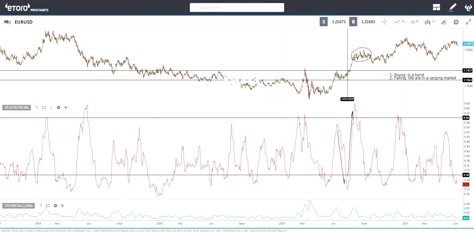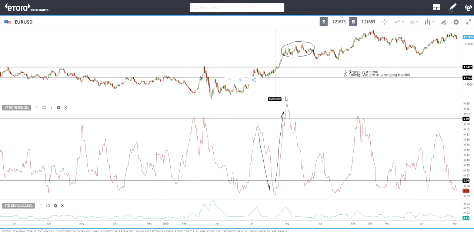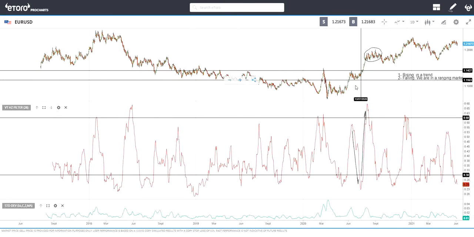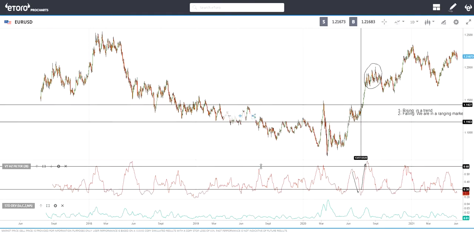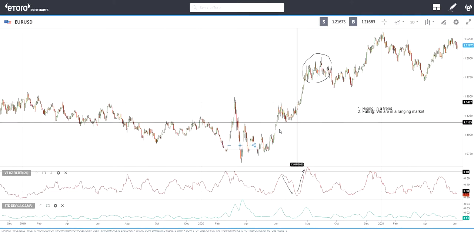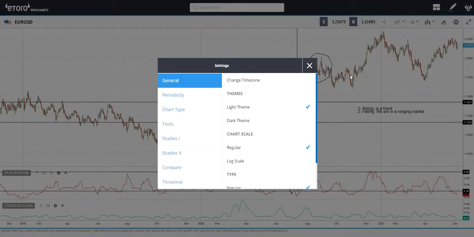You don't want to go against the trend, so you want to open a new position in the direction of the trend. So maybe, as you can see here, we are in an uptrend. Let me make it smaller. Maybe you add a couple of moving averages, then you know that we are generally in the longer time frames in the uptrend.